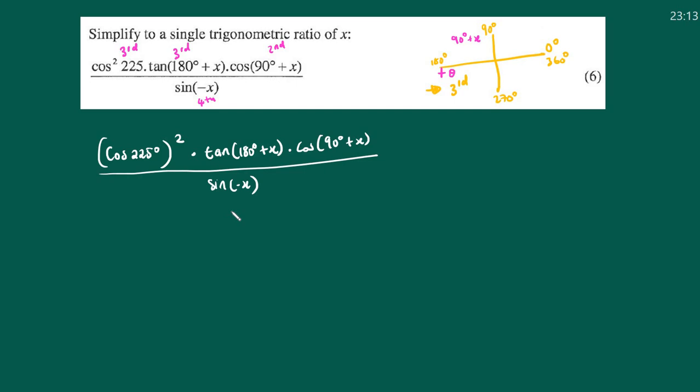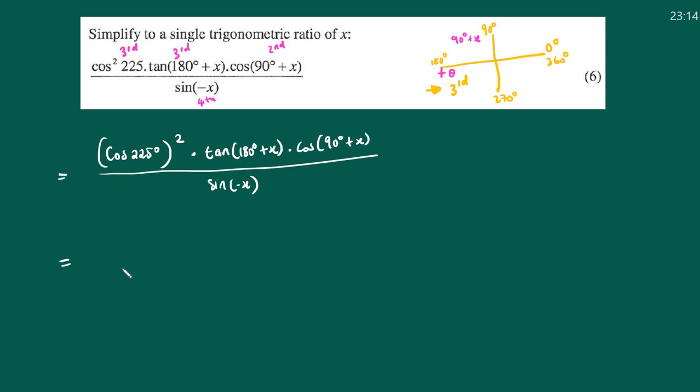Now what is the next step? BODMAS says you must work with the one in the bracket first. So the one in the bracket is this one. We must work on it first. So when we work on it, what do we say? We say 225. Remember, we already identified that it is in the third quadrant. So now we are not going to think a lot.